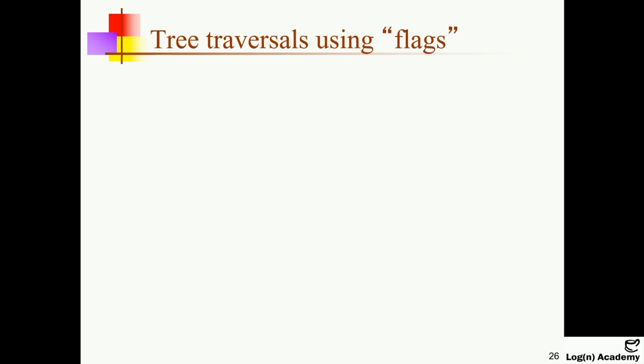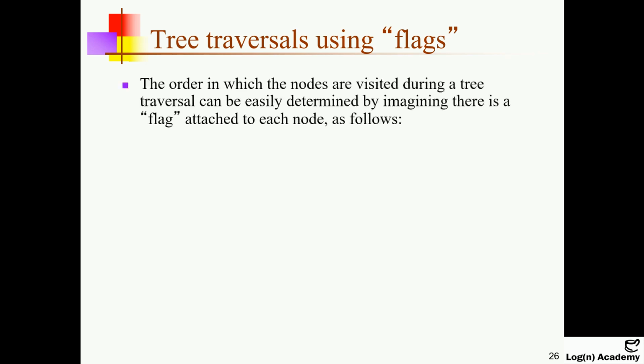Now, flags. We can use flags to easily identify the traversal type. For example, the order in which the nodes are visited during a tree traversal can be easily determined by imagining there is a flag attached to each node.